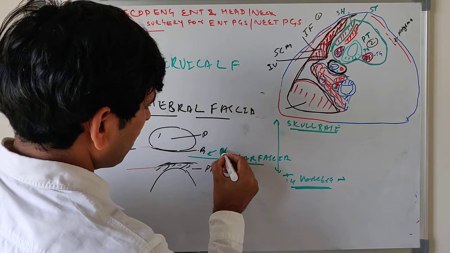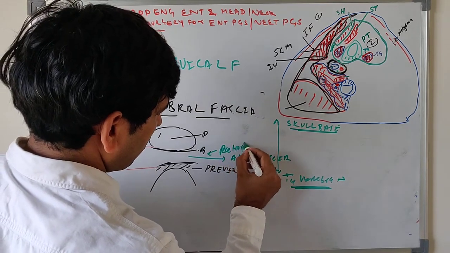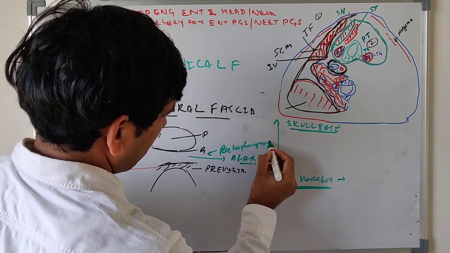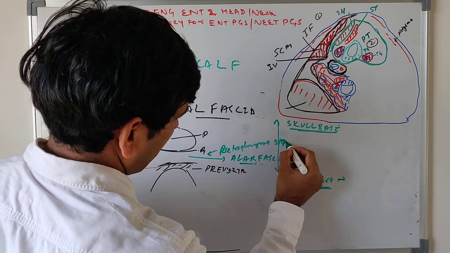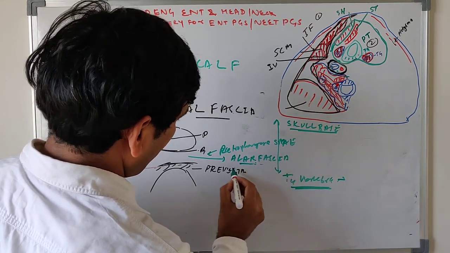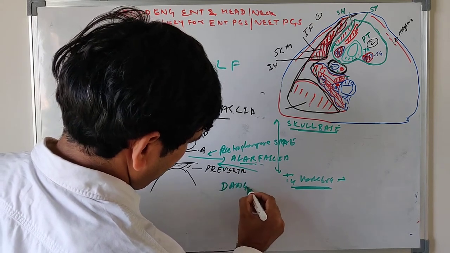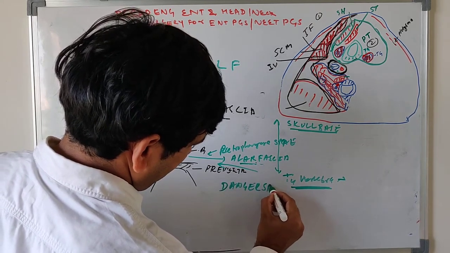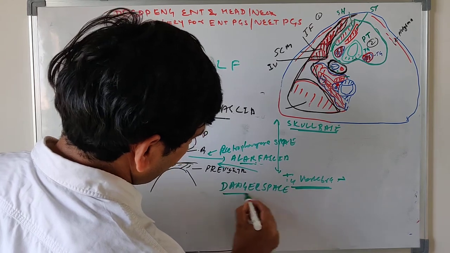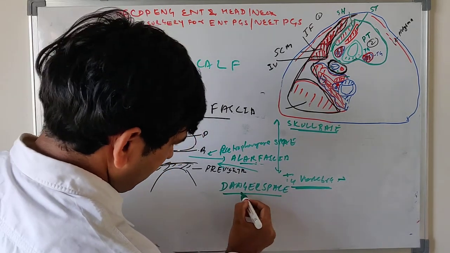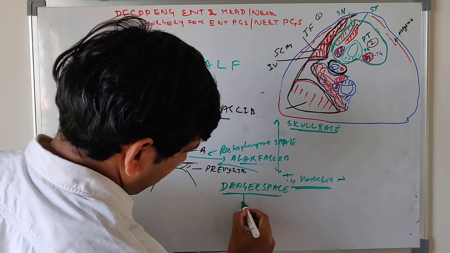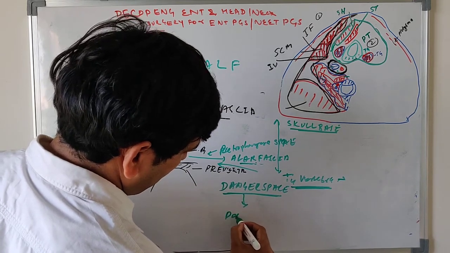Anterior to this is the retropharyngeal space. And beyond this alar fascia is called the danger space. Danger space, because it has an extension up to the posterior mediastinum.